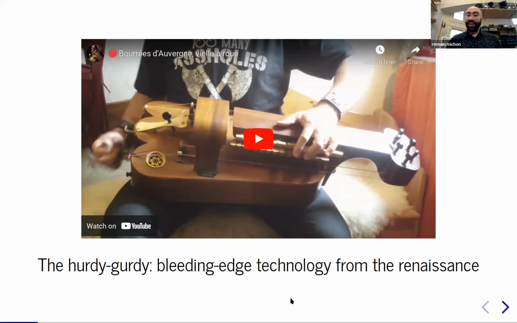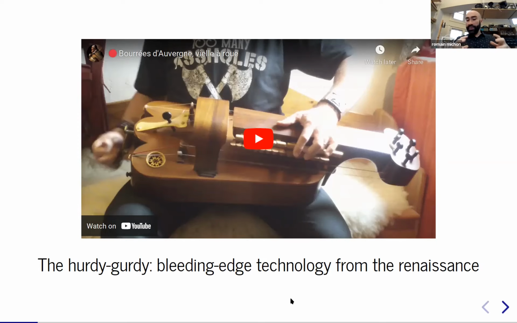So the hurdy-gurdy is a traditional European musical instrument that you mostly find in Central and Western Europe. It dates back from the 12th century, so it's a very old musical instrument.